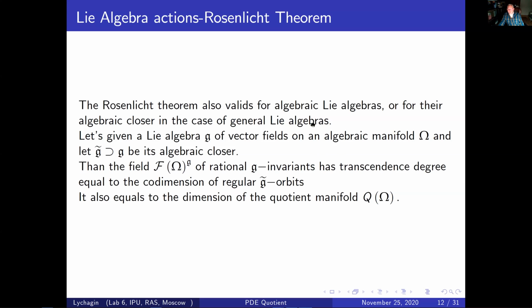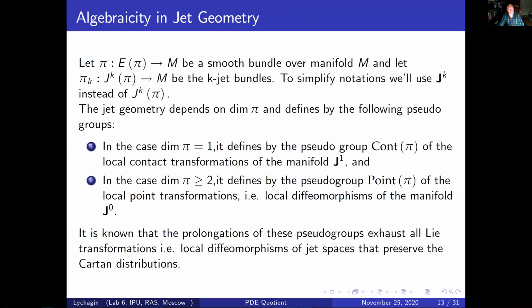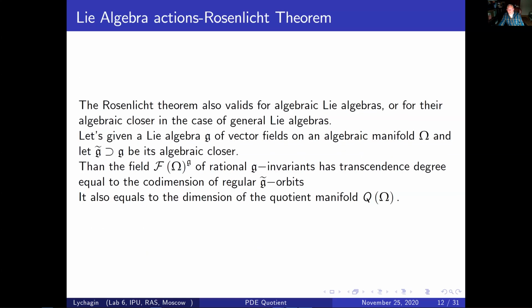But if our algebra is not algebraic, then we should take the closure of this algebra, G tilde, and take rational invariants with respect to G. It's the same as rational invariants with respect to G tilde. And by the way, the dimension of this field will be the codimension of G tilde orbits, but not G. That's the only remark I wanted to add here.